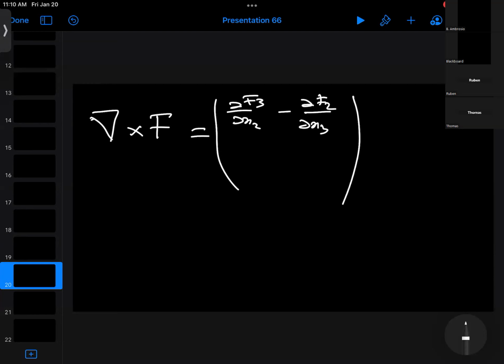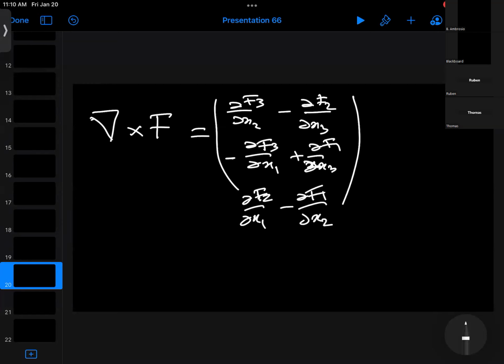Then it's minus df3 dx1 plus df1 dx3. And finally, it's df2 dx1 minus df1 dx2. Okay?